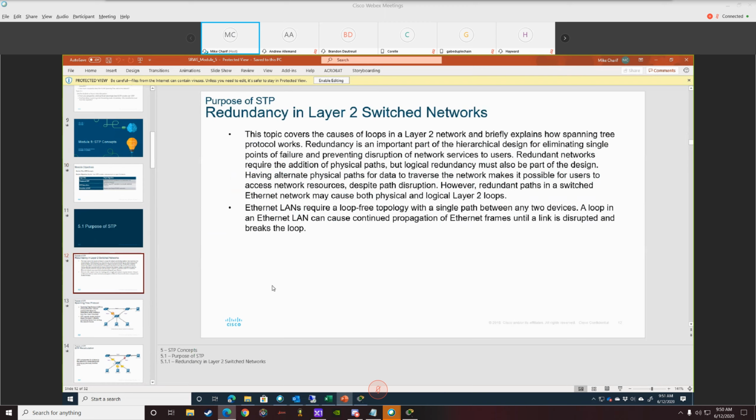It happened to me a long time ago, in '97, '98, I remember. I was at TH Harris back then. I went to the computer room and wanted to combine two switches together, and I did not realize I caused a loop. Everything went down. When something goes down, you ask, what did I do? Oh, I put the cable in there. Let me go see what the problem is.